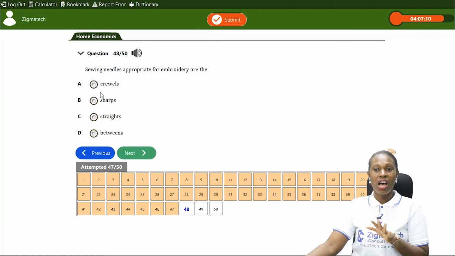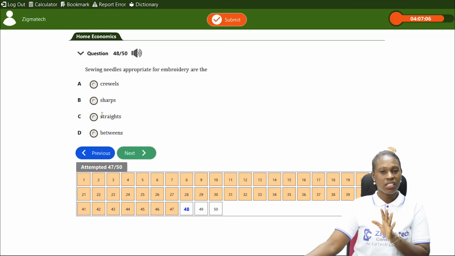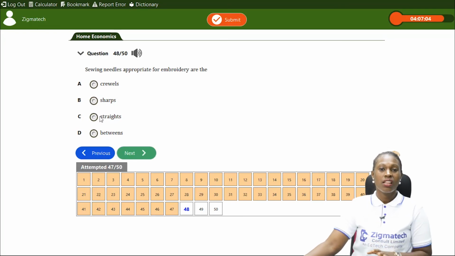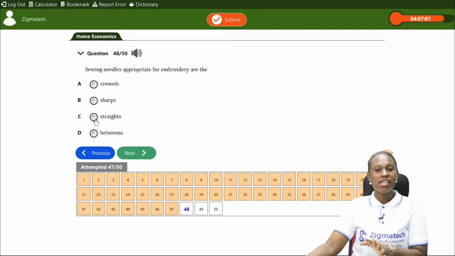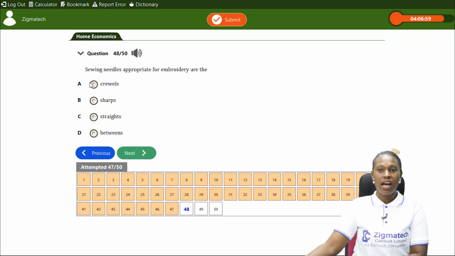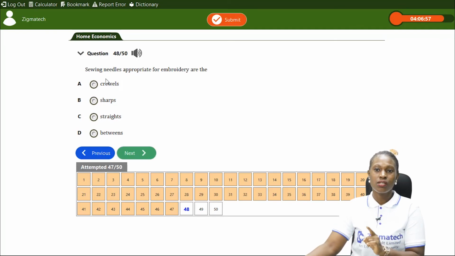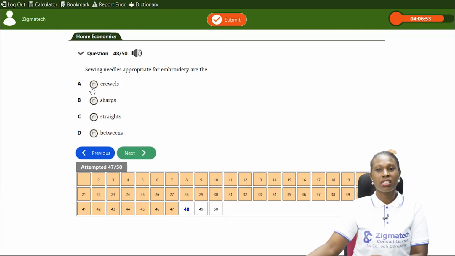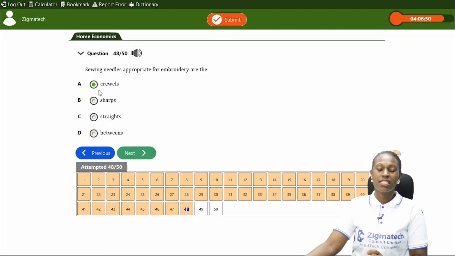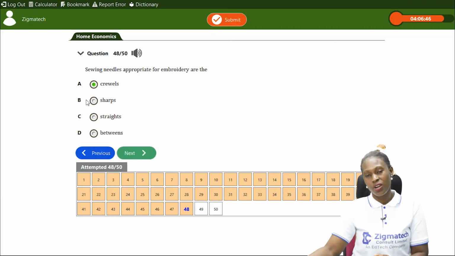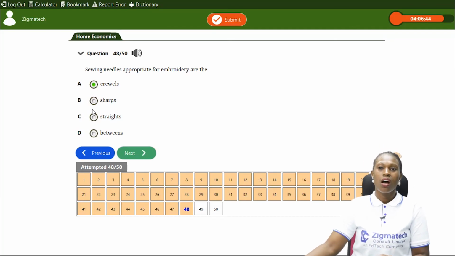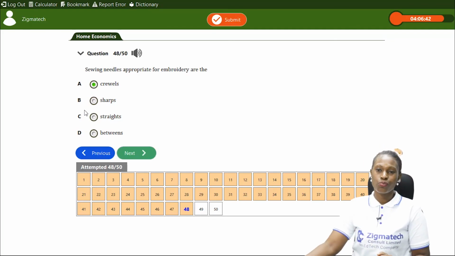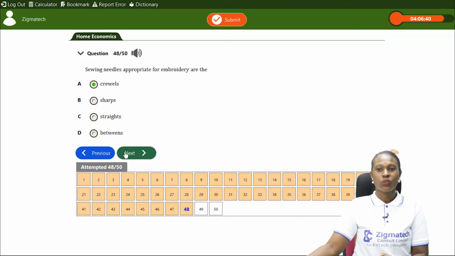All these are types of needles, and they have their different purposes and ways in which they are used. Which of these is best used for embroidery? The appropriate one here is the crewels. This is used for embroidery, to embroider on a dress. So the crewel is used to put embroideries on a dress. Now let's look at the next question.